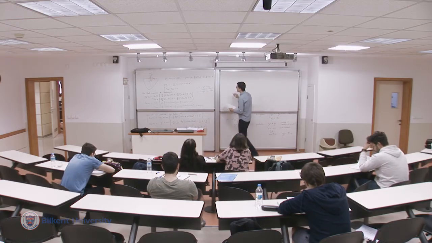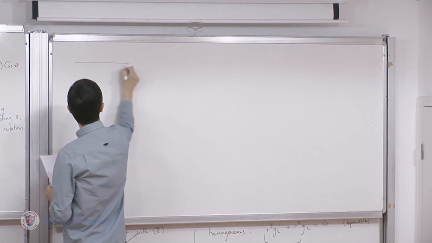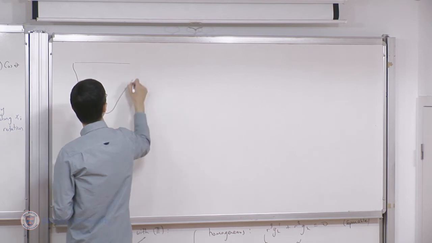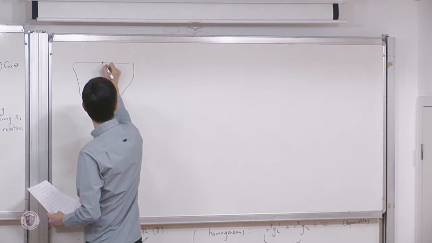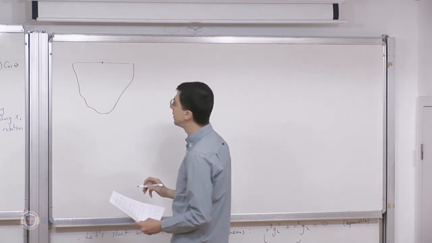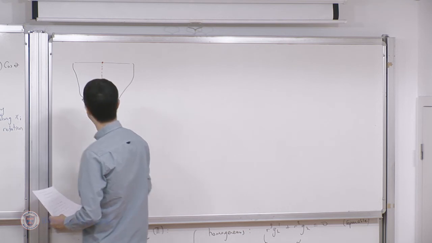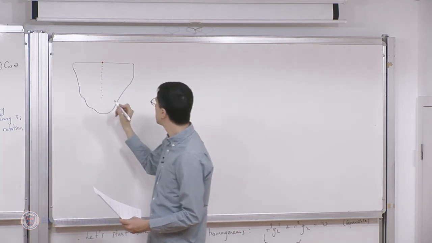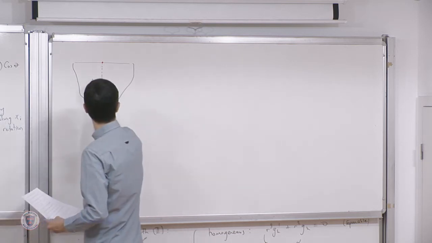So to determine the constants, what we are going to do is we are going to choose a point. Okay, so this is our coordinate origin, and I'm going to move along the x1 direction through a distance L. And I'm going to pick a point.